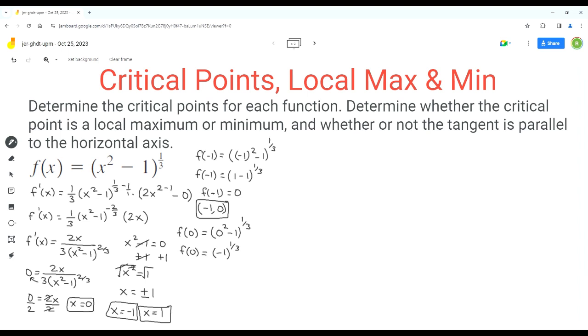So this expression is equivalent to cube root of -1. And cube root of -1 is equal to -1. That means the second critical point is 0, -1.